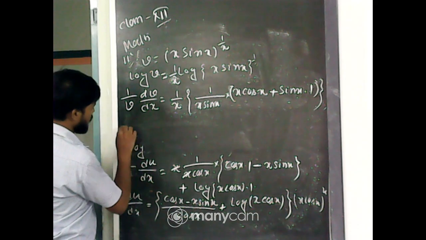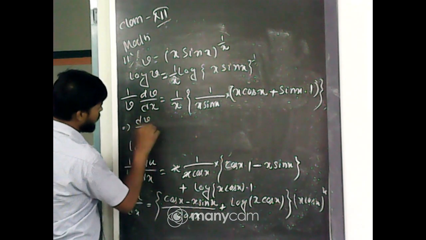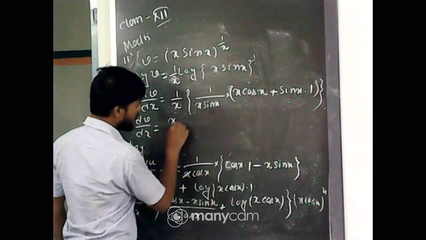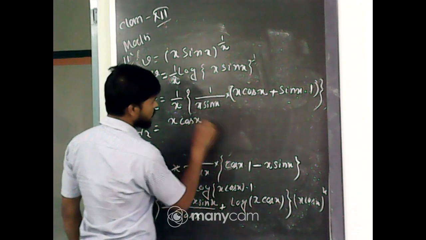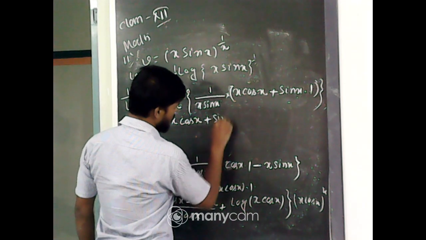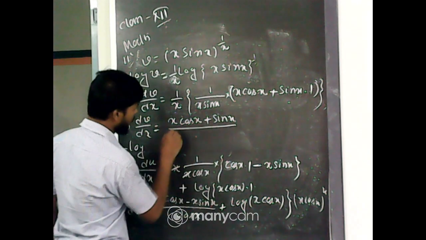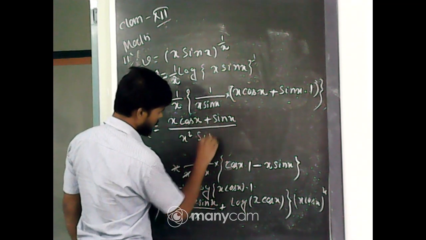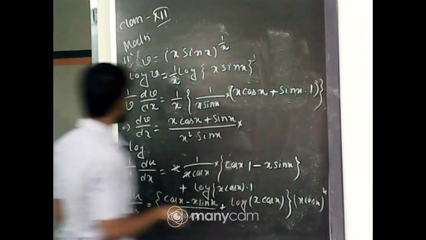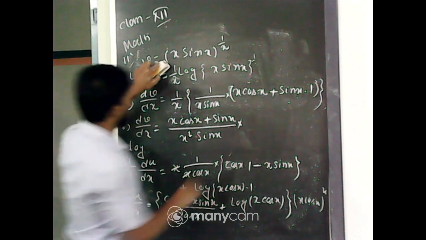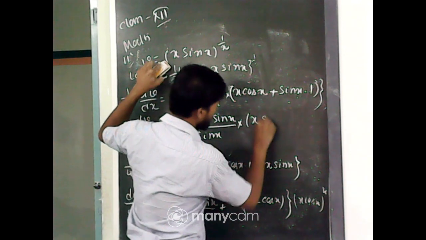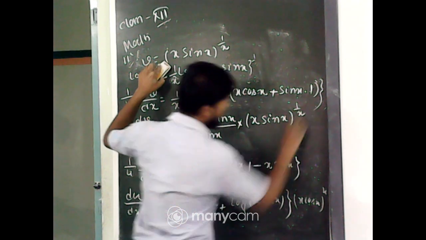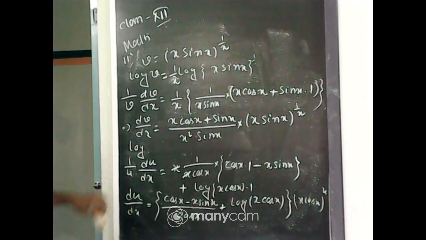So from here dv dx will be x cos x plus sin x by x square into sin x, into the value of v, which is equal to x sin x to the power 1 by x. So this is the value of dv dx.